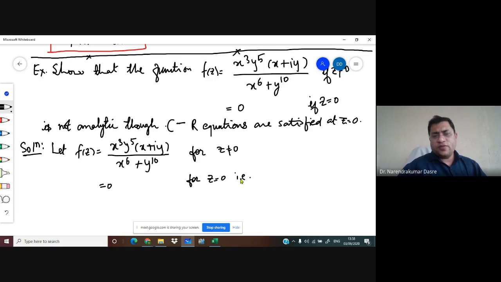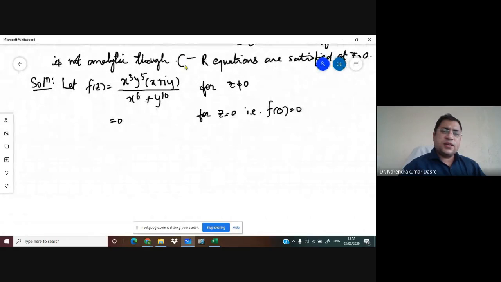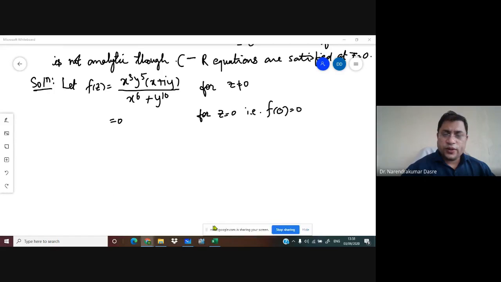So that is, we have f at 0 equal to 0. Now if I want to test the CR equations, I should know what u is and what v is. So first we have to separate u and v.